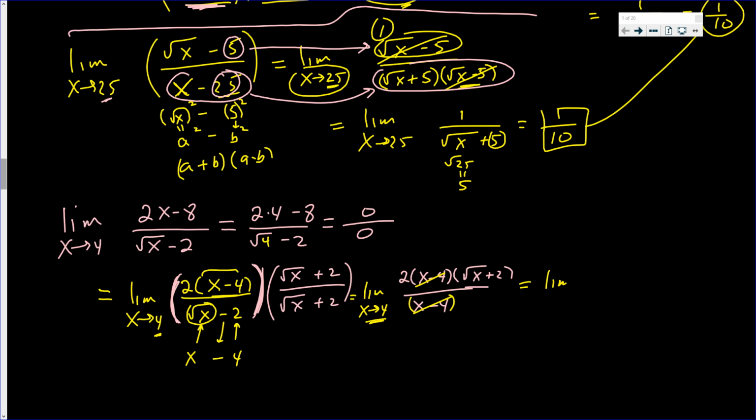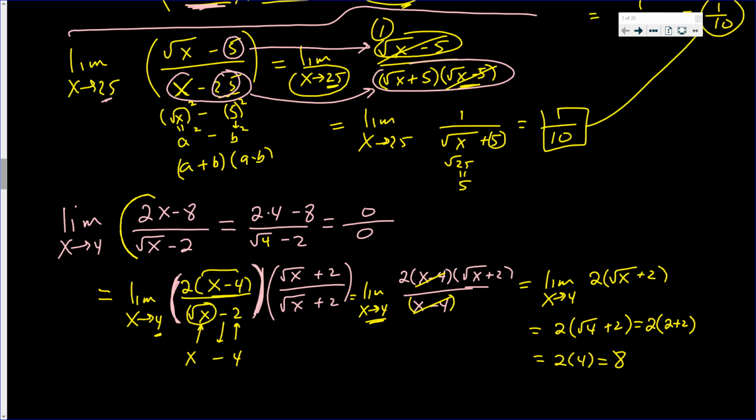So I'm left with the limit as x goes to 4 of 2 times the square root of x plus 2. This is 2 times the square root of 4 plus 2, which is 2 times 2 plus 2, which is 2 times 4, which is 8. As x gets really, really close to 4, this gets close to the number 8.